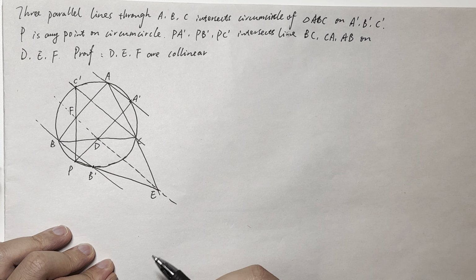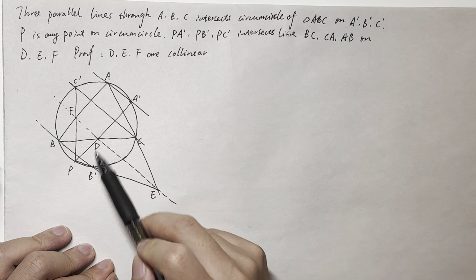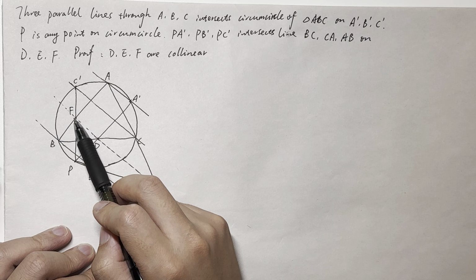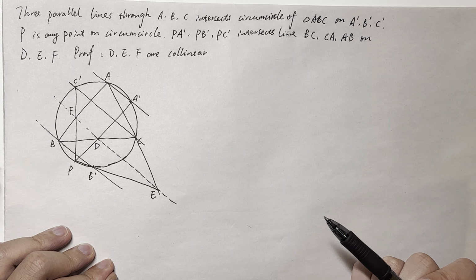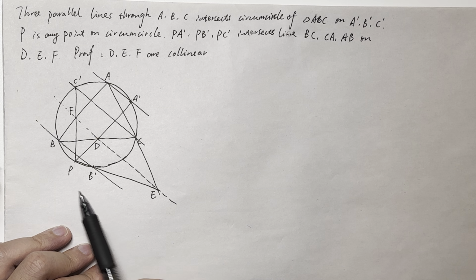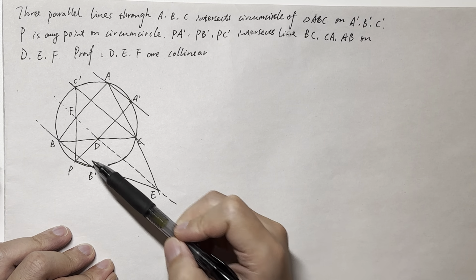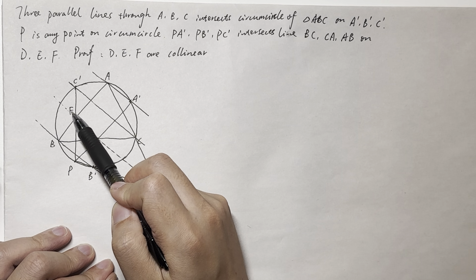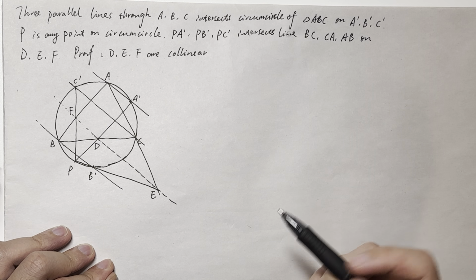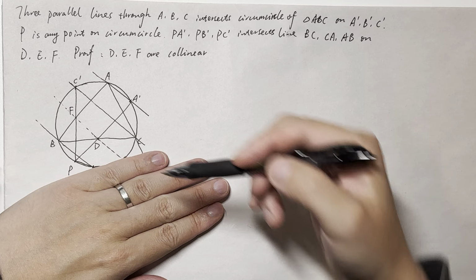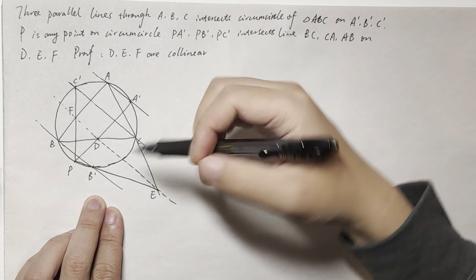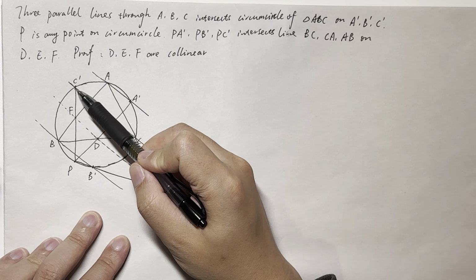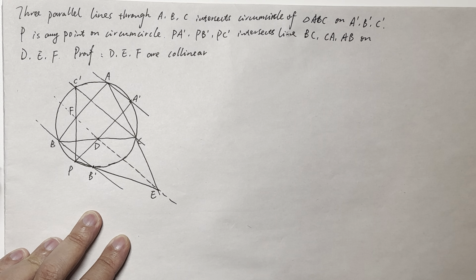Which means, in line FD, if we want to find point D and point F, we don't need B'. B' just helps us find point E, but it's useless here for finding points F and D. So we can just hide this part, hide B'E, all this part.